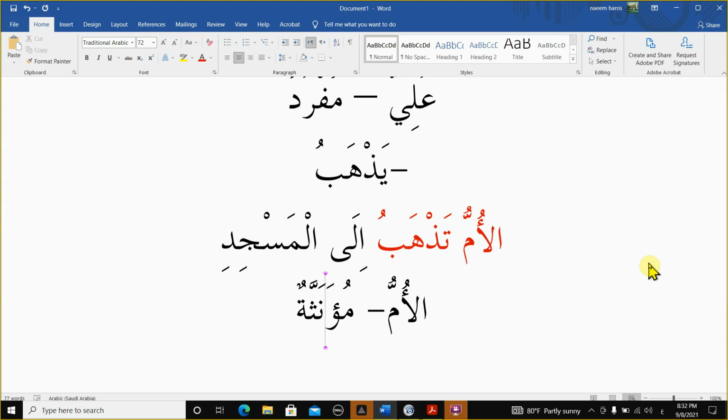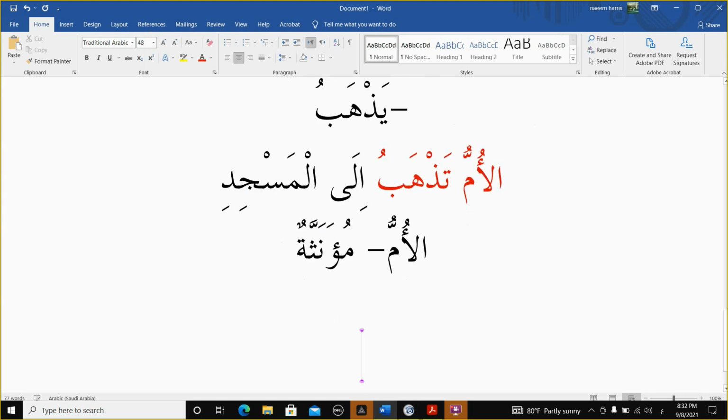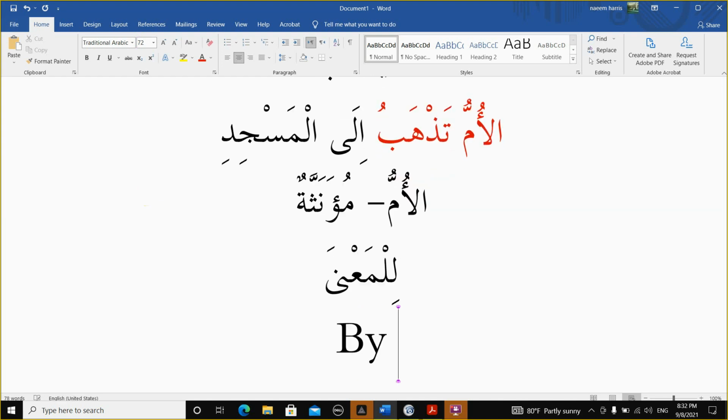Why is the word al-ummu feminine? Because of the meaning, للمعنى. It is feminine because of the meaning. Words can be feminine in a few different ways.